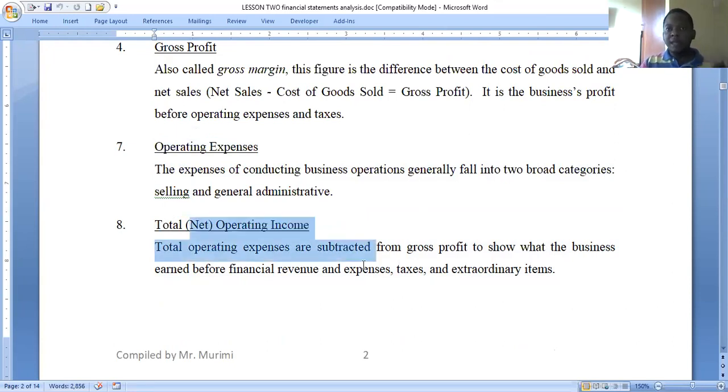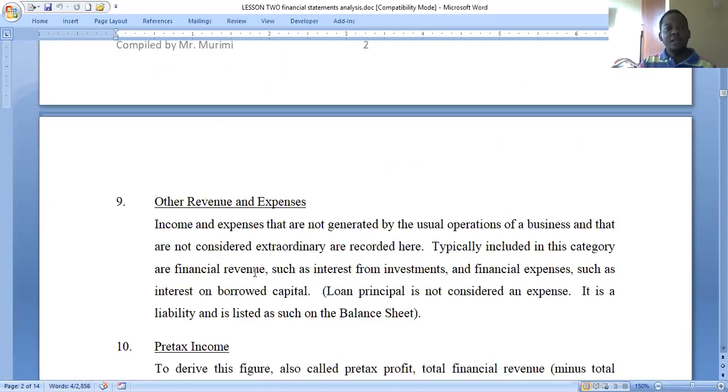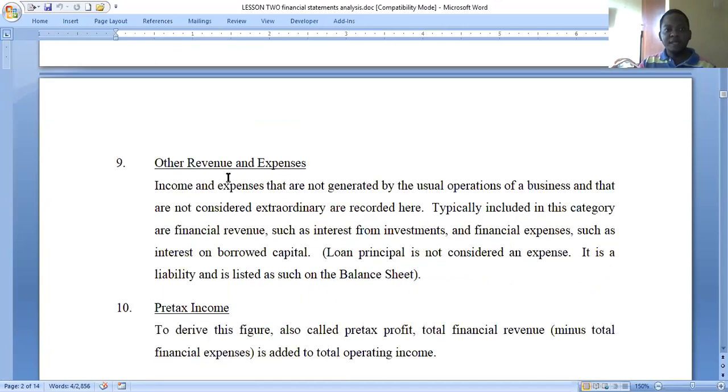So if there are other operating incomes, then the net operating income will be equal to the gross profit plus other operating incomes minus other operating expenses. It will give us the total net operating income. So the net operating income is another key component of an income statement. And then another key component is other revenues and expenses.